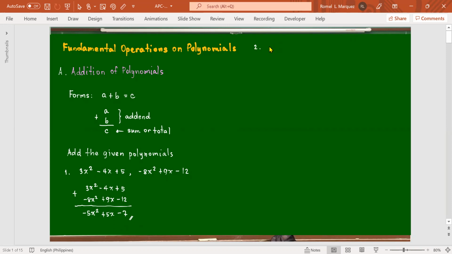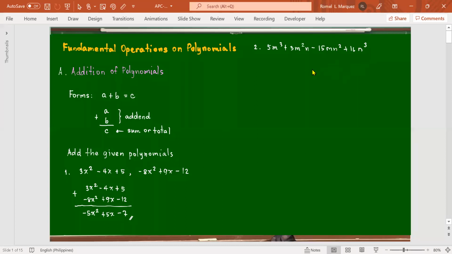Let's say I have 5m cubed plus 3m squared n minus 15mn squared plus 16n cubed.